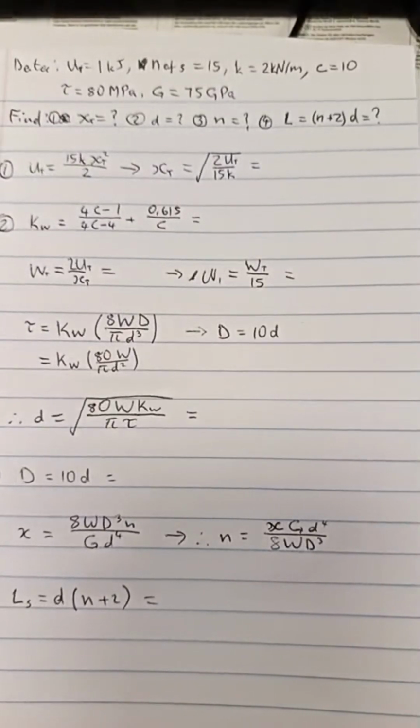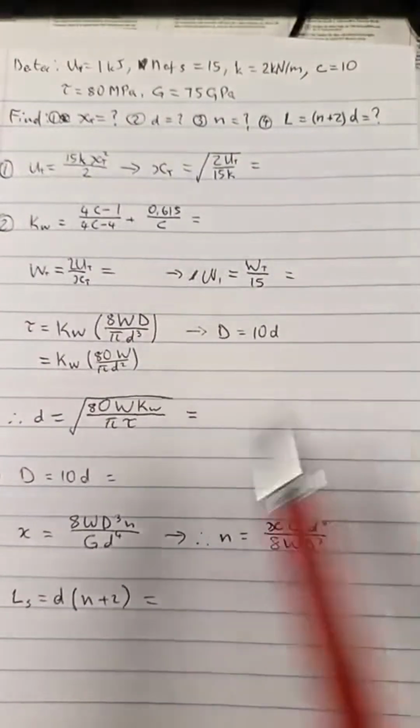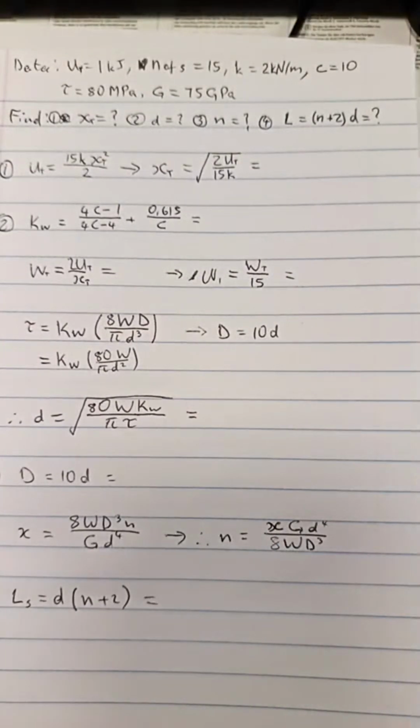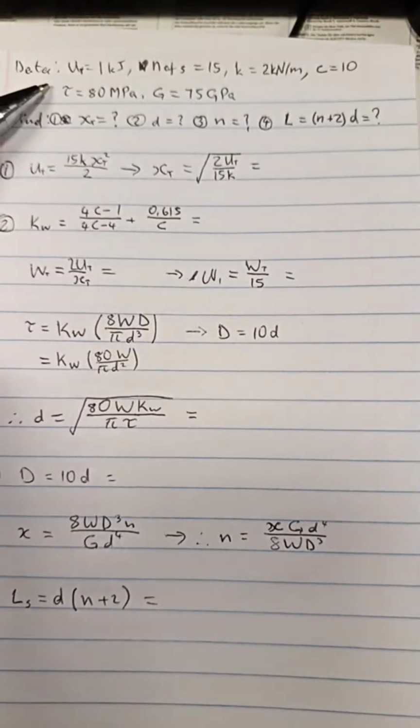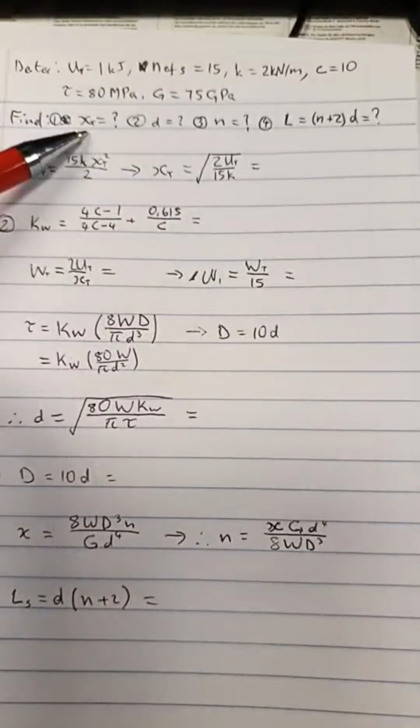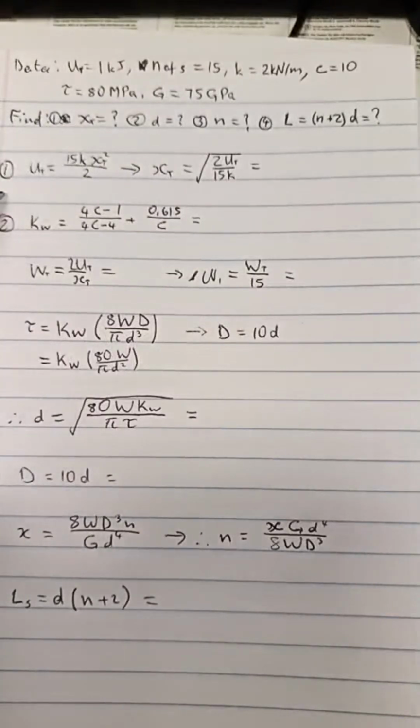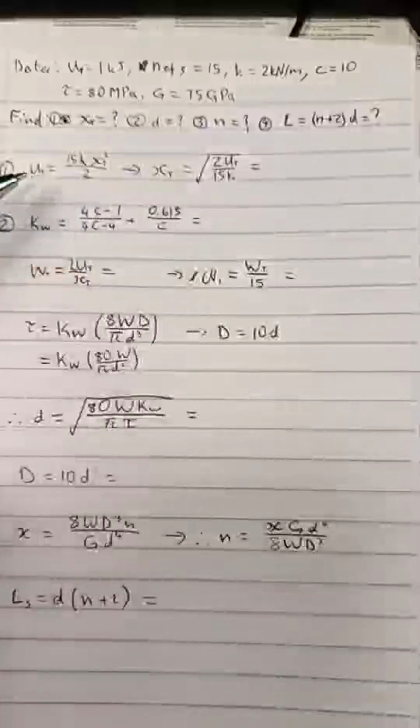Now I'm done with this example, but let me just go through it once again. We had this data to work with. Then we had to find X. Remember, the network was so bad during that time, so we had to find X. What did we use?